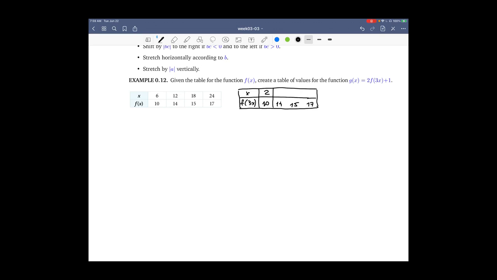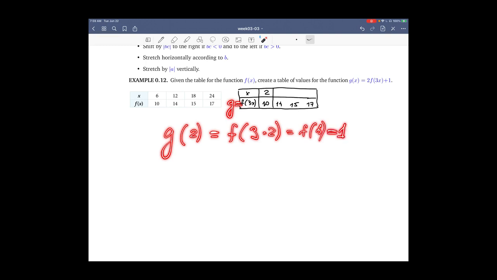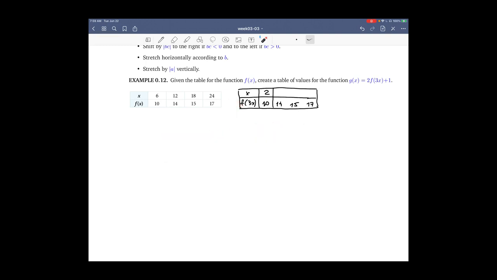And we can check what is this function. Let's call it g for now. What is g of 2? Well, g of 2 is f at 3 times 2. That's f at 6, and that's 10. That corresponds to horizontal compression.